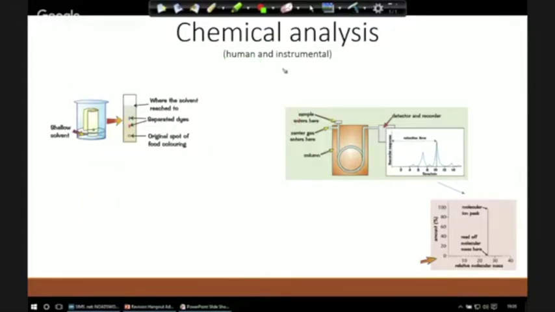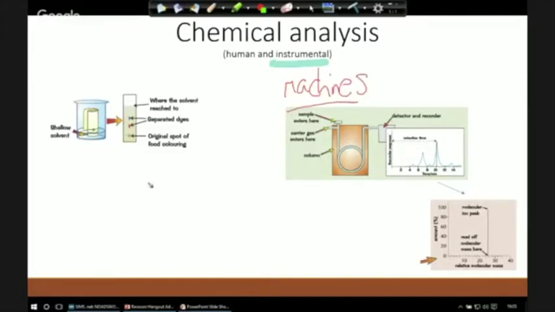Now, that's all well and good, but it's a relatively slow process. And so what we might find that we need to do is instead look at an instrumental method, a way to speed up the ability to separate our substances. And so for instrumental methods, essentially, we're using machines.